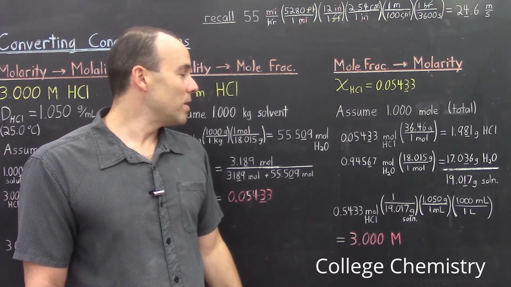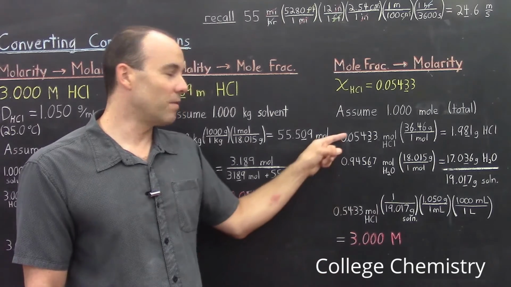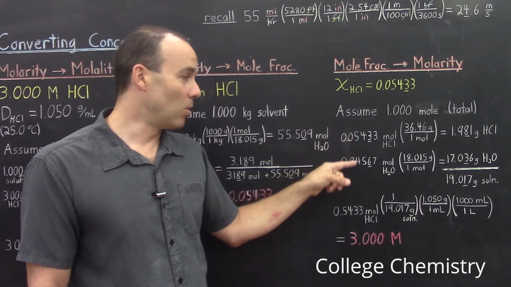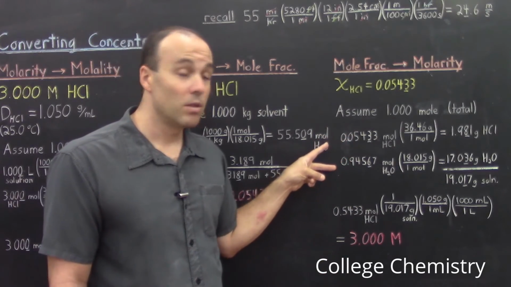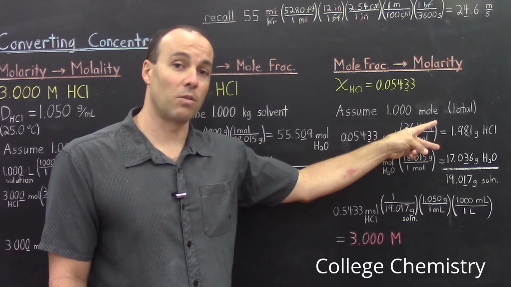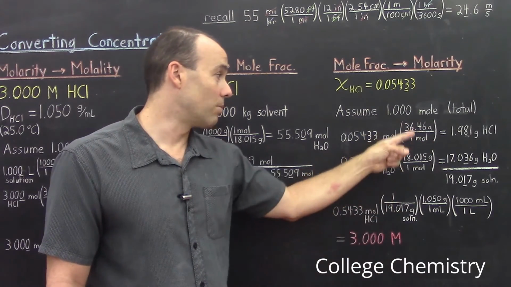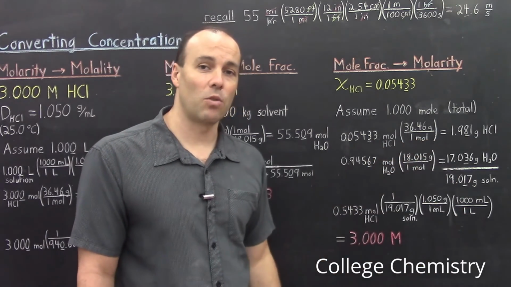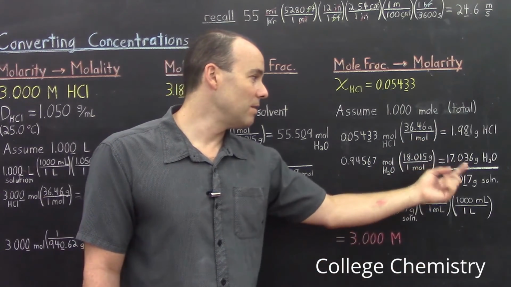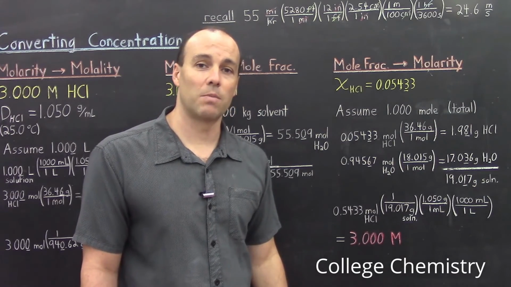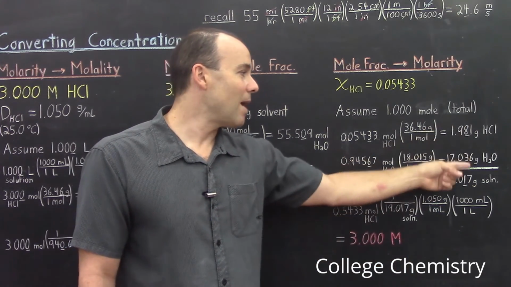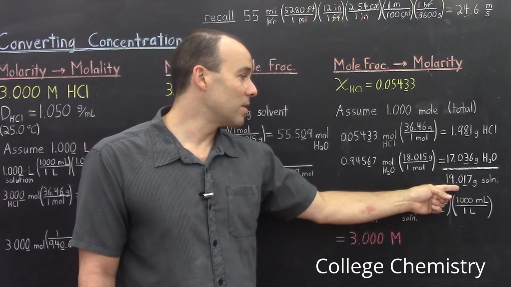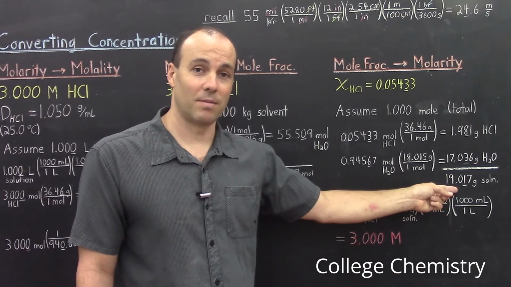So we take our moles of HCl and the moles of water, and we convert them to grams of HCl and grams of water using the molar masses. So we end up with 1.981 grams of HCl and 17.036 grams of water. And if we add these two masses, we get the total mass of solution.